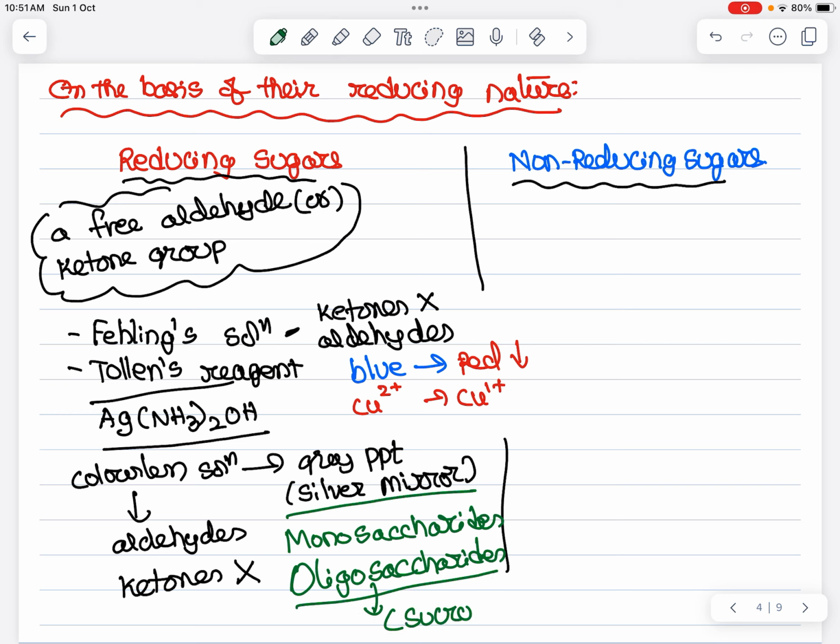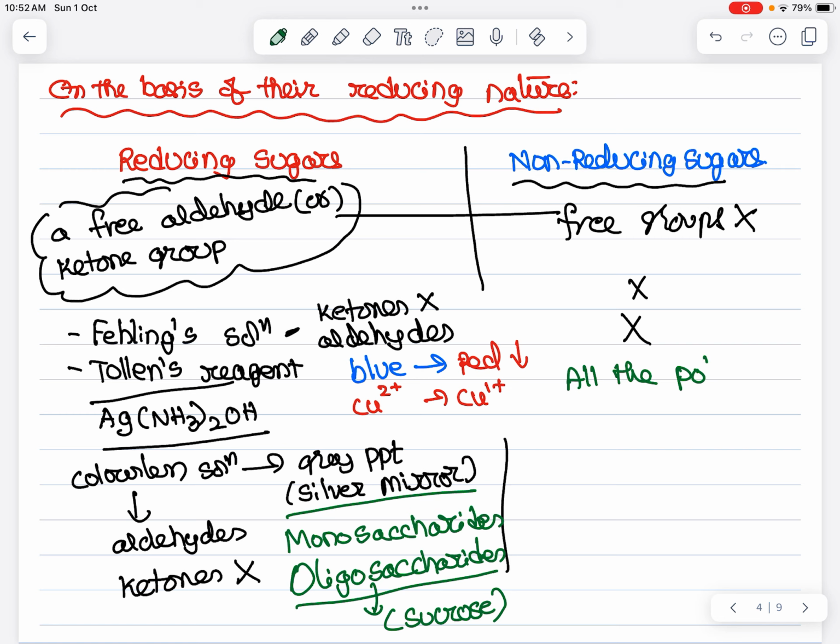So all the polysaccharides are non-reducing sugars, and also sucrose. Among oligosaccharides, sucrose is a non-reducing sugar, and all the polysaccharides are also non-reducing sugars.